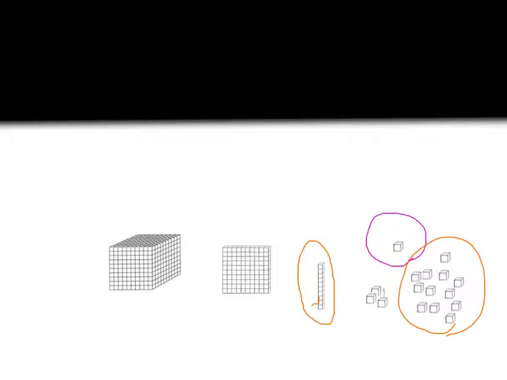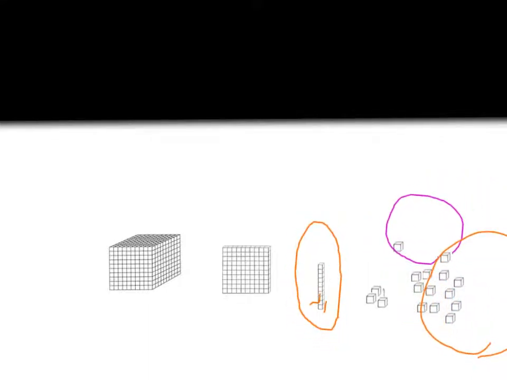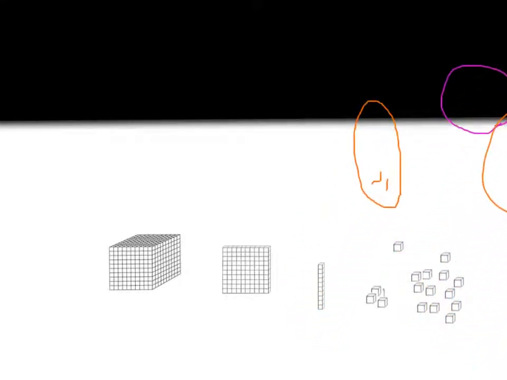If I make this a little bit bigger, you should be able to see that there are 10 little ones blocks all joined up together. Count them with me. 1, 2, 3, 4, 5, 6, 7, 8, 9, 10.